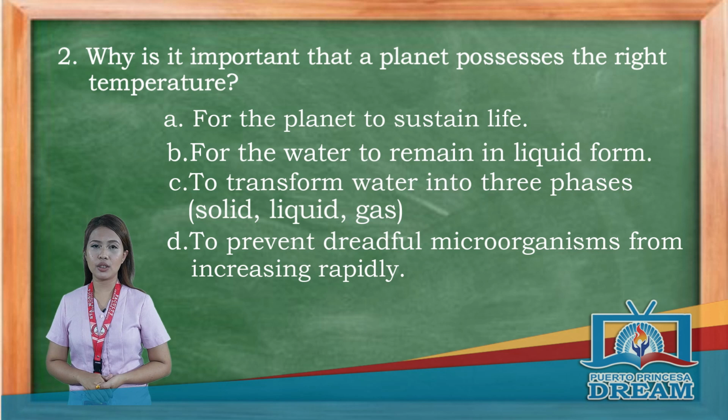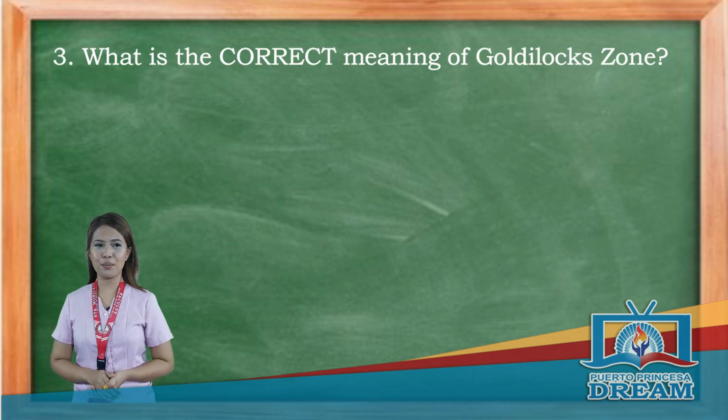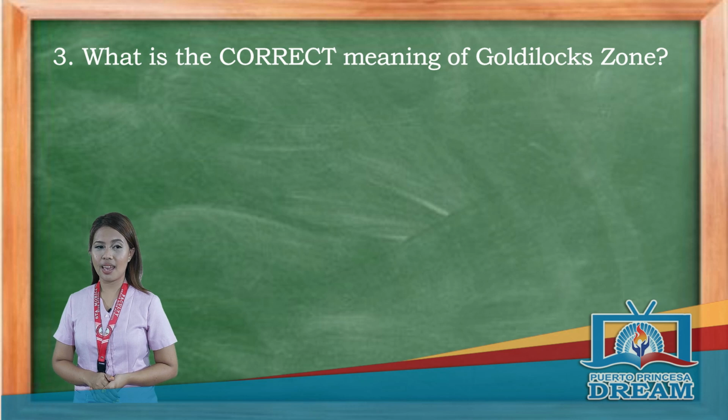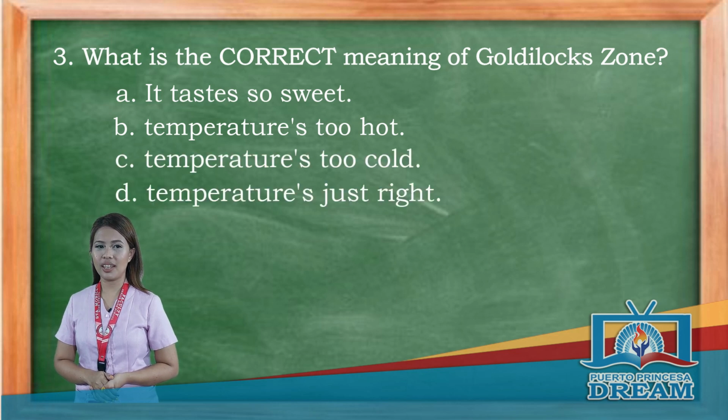D. To prevent dreadful microorganisms from increasing rapidly. Question number 3. What is the correct meaning of Goldilocks zone? A. Taste so sweet. B. Temperatures too hot. C. Temperatures too cold. And D. Temperatures just right.